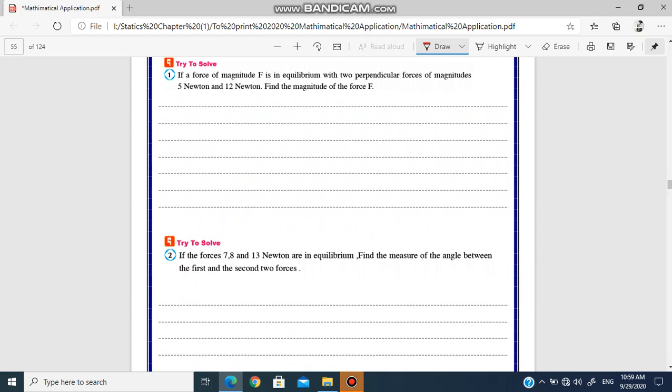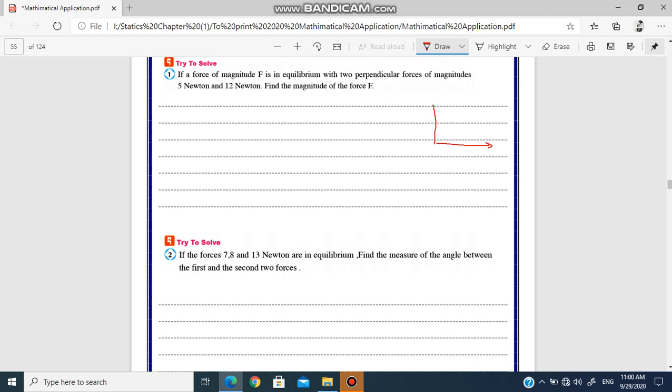Example number 1. If a force of magnitude F is in equilibrium with two perpendicular forces of magnitudes 5 Newton and 12 Newton, find the magnitude of the force F. Here F is in equilibrium with two perpendicular forces, 5 Newton and 12 Newton, and alpha equals 90 degrees.